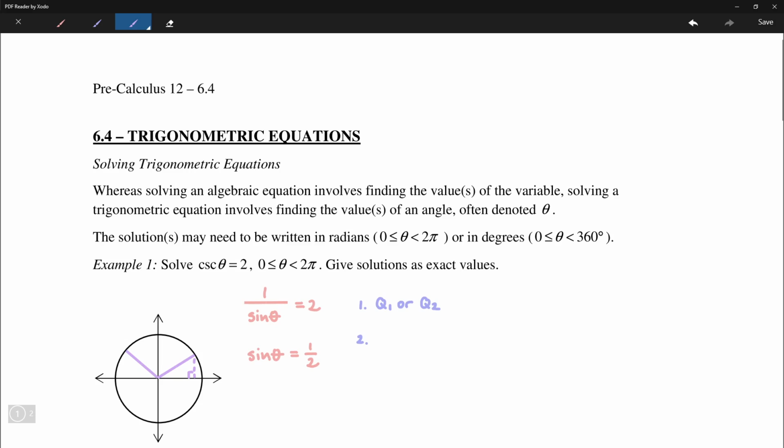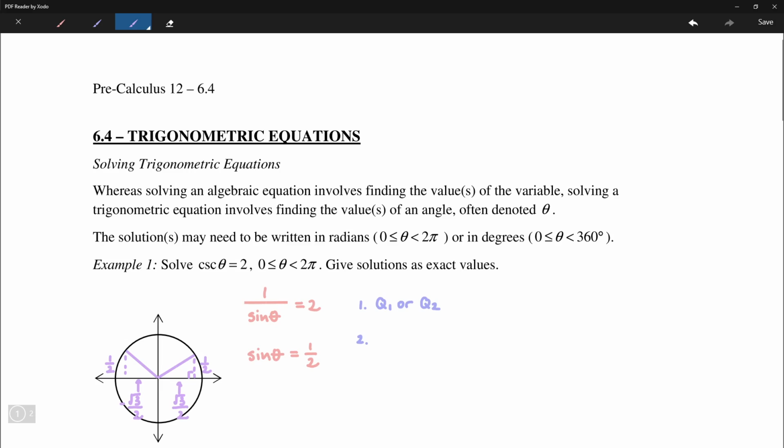We're looking for the opposite side to be equal to 1/2 in both cases. So, of course, that means that the adjacent side will be √3 over 2 in quadrant number 1, and negative √3 over 2 in quadrant number 2.